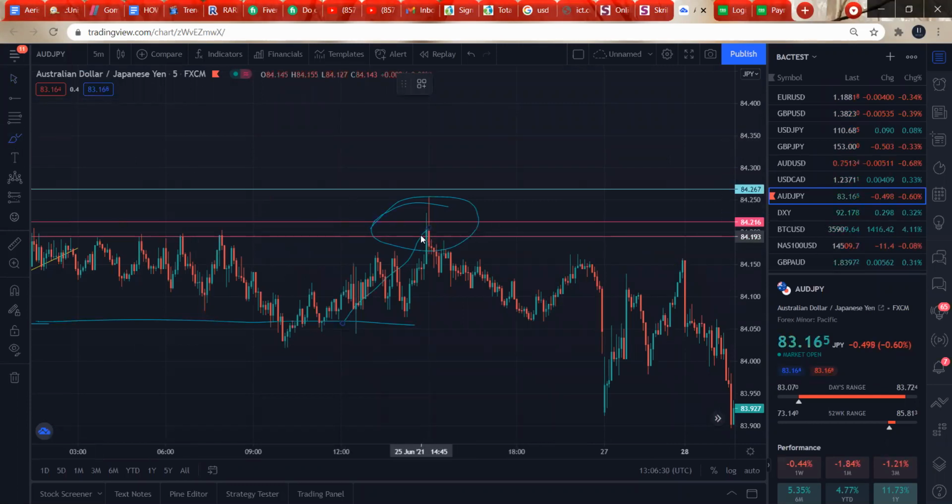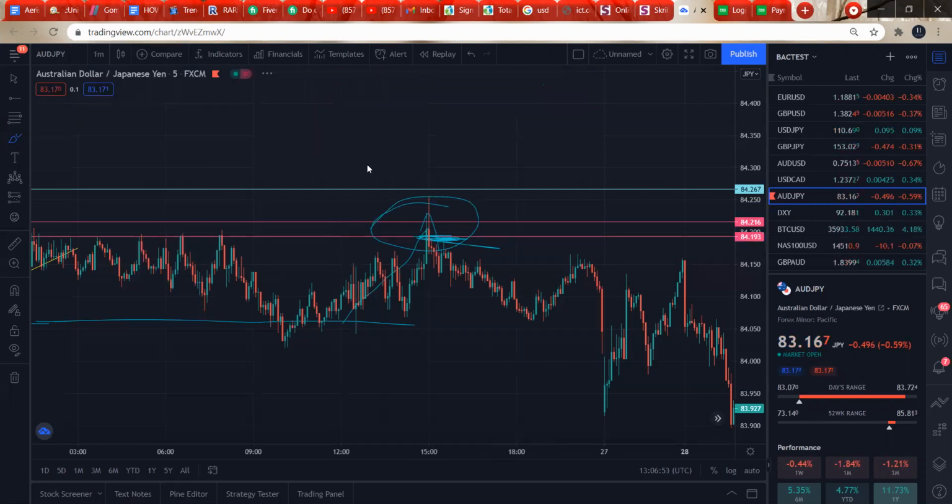The minute the price went out of the order block area and came back in fast, this will be your sell position here.